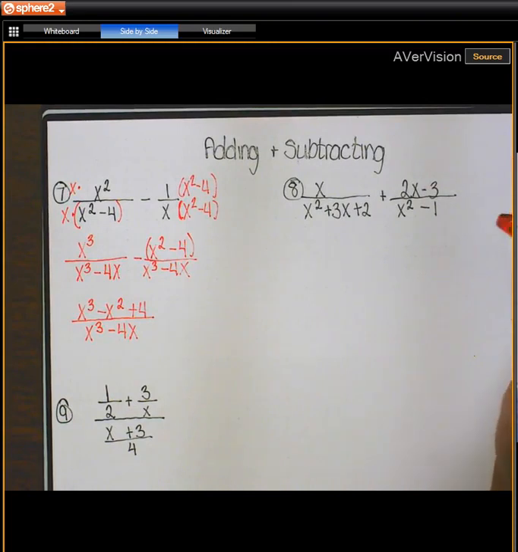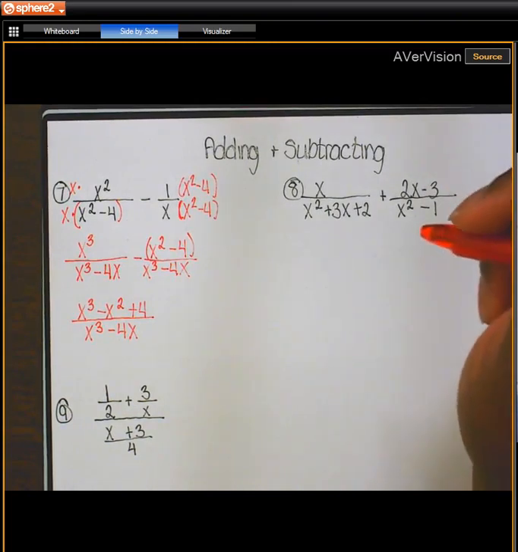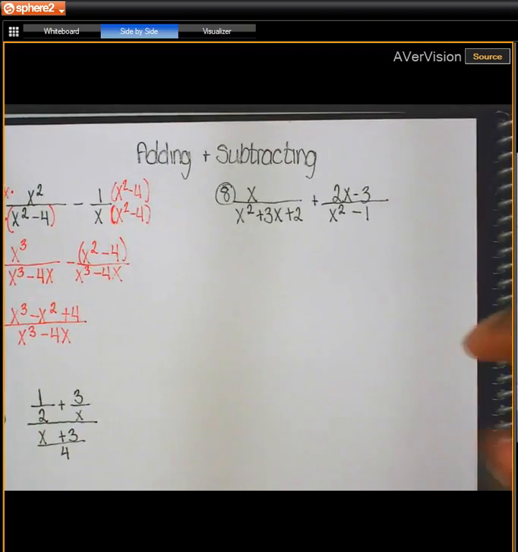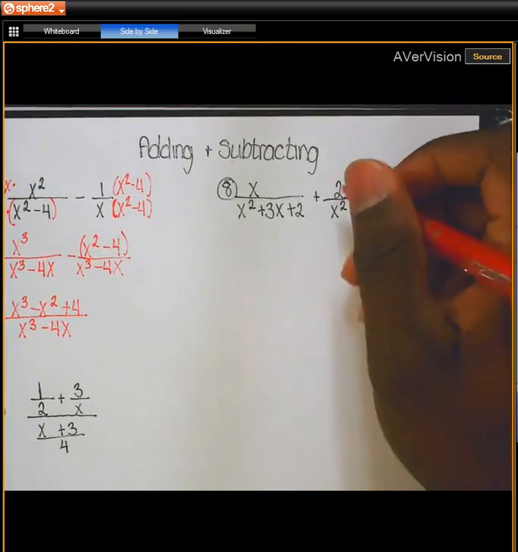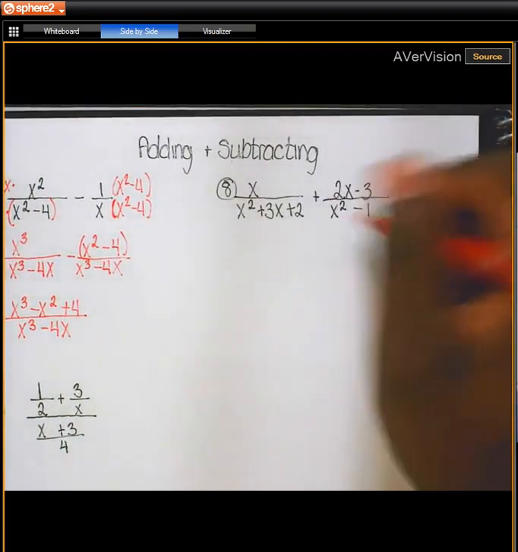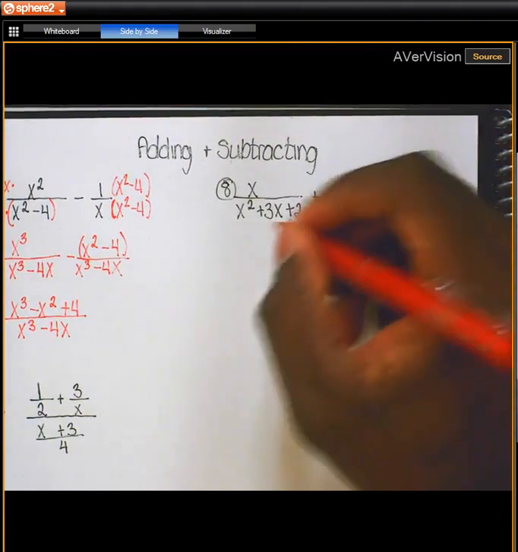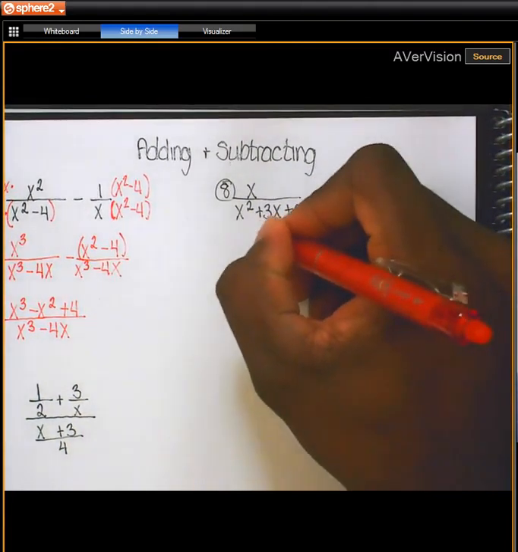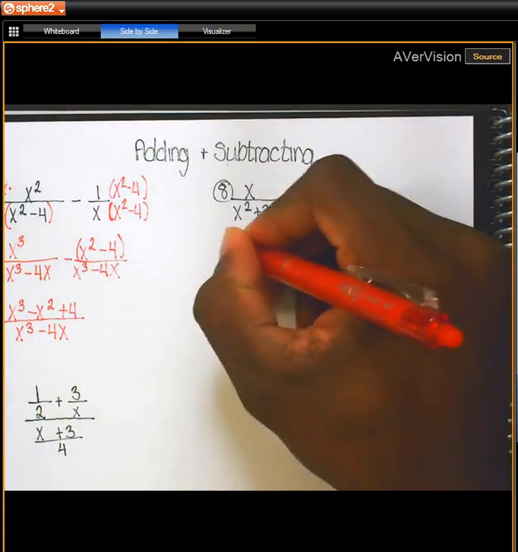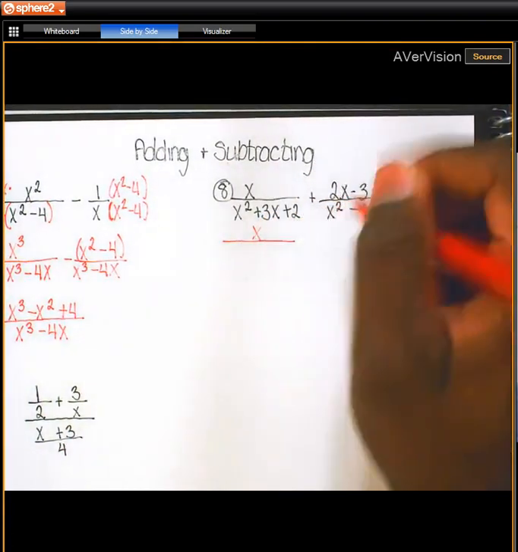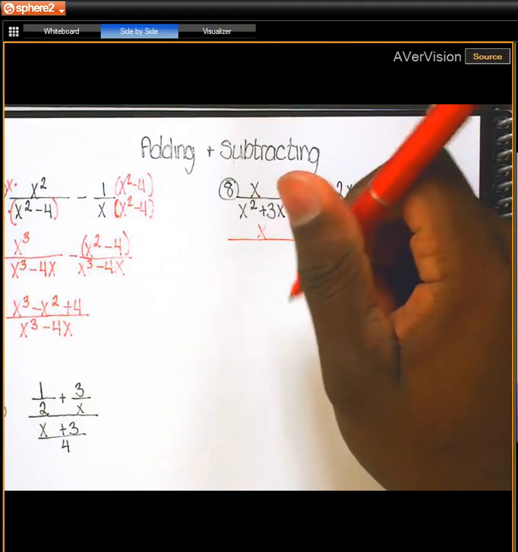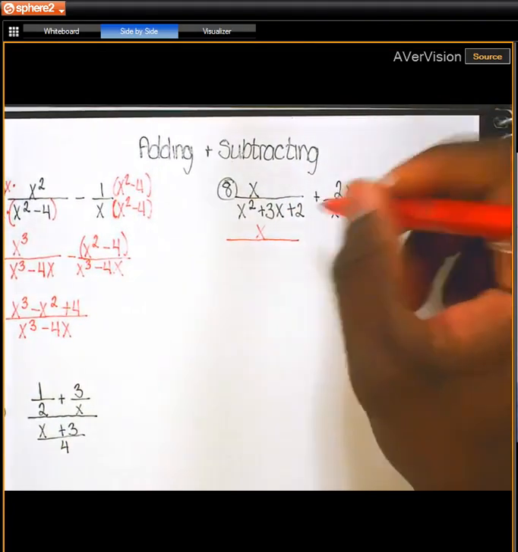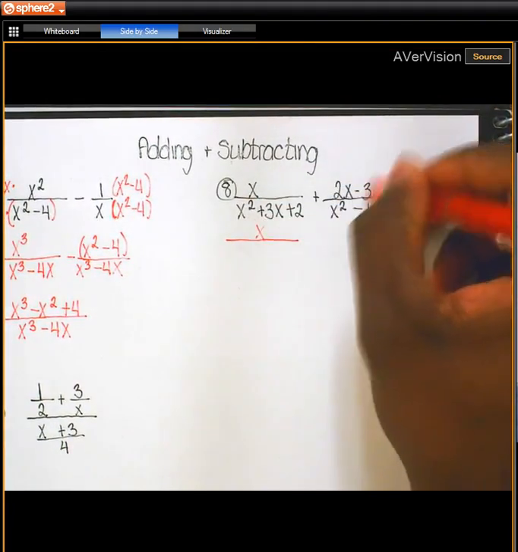Sometimes to make life easy on yourself, it's a good idea to factor out your problems, because sometimes you may be missing just one thing from each one. So for example, number 8, let's see if we factor it out, will we be able to find something easier to do than multiplying this whole thing to this side?